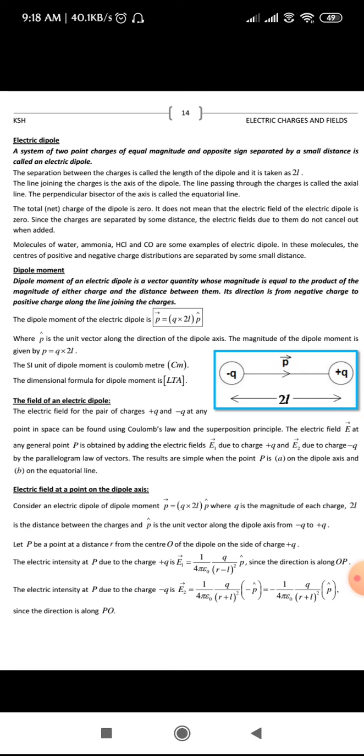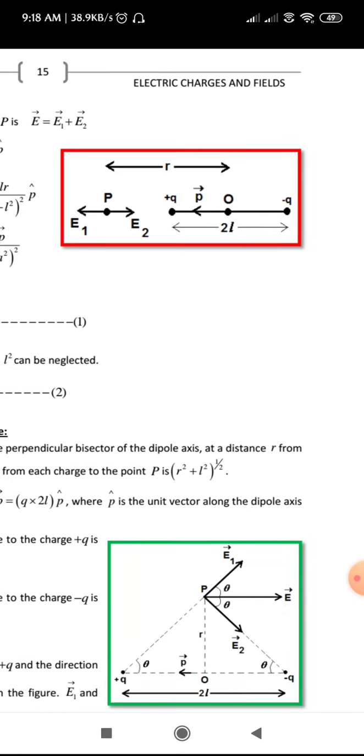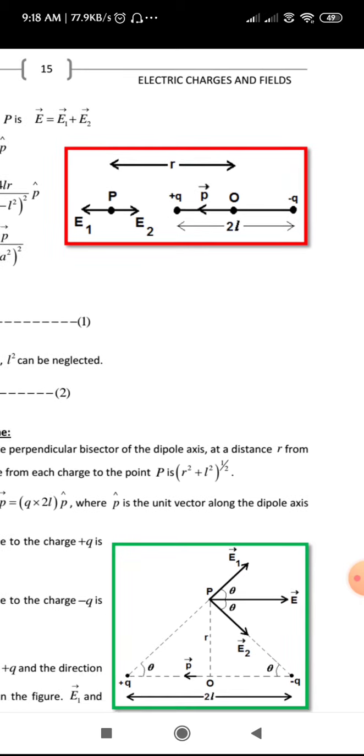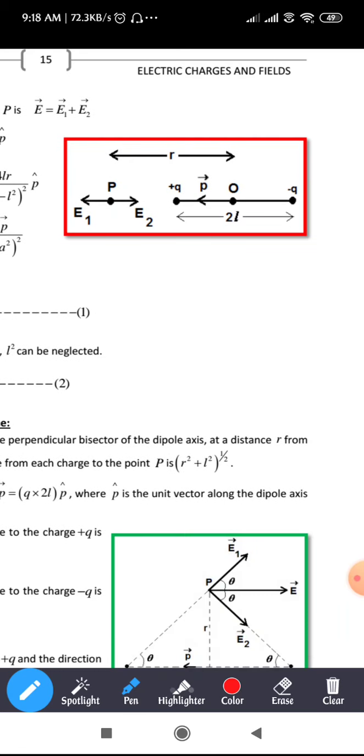So we have just taken the negative sign there, since the direction is along PO. Coming to this part, I am going to explain. As you know, the point P is here, and we are going to find the electric field at point P due to the negative charge minus q.